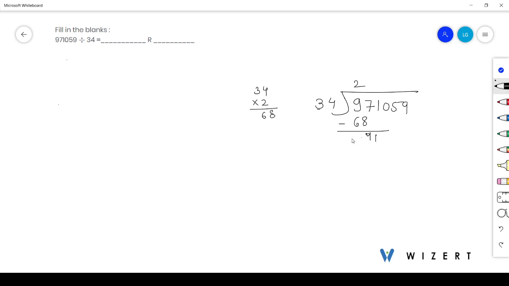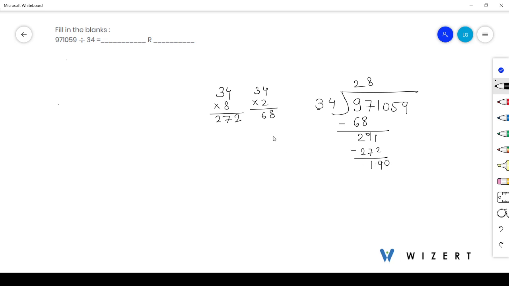So before that we can check 8. 34 into 8 is 8 4s are 32, 3 carry over, 8 3s are 24 plus 3 is 27, so it is 272. Now 11 minus 2 is 9, borrowed from here, so 8 minus 7 is 1. Move this 0 down. 190 is there.